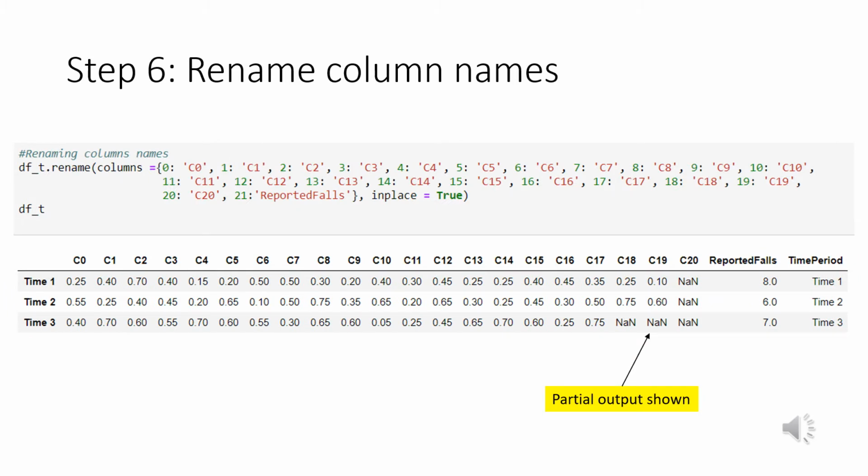We are renaming the columns within the df_t, giving the columns new names. And for column number 21, we're changing that name to reported falls.